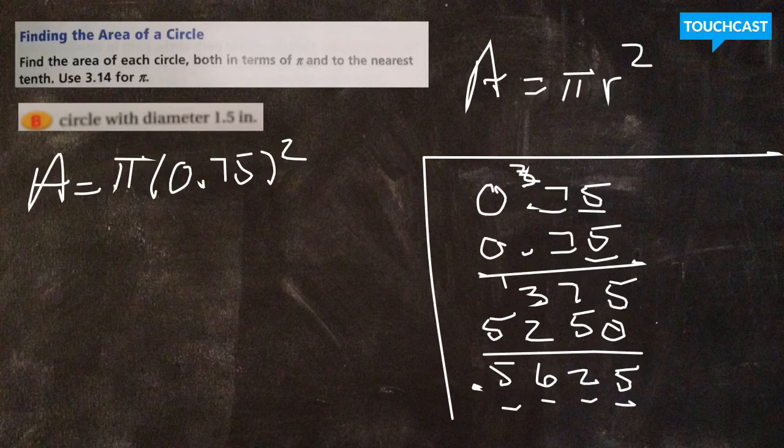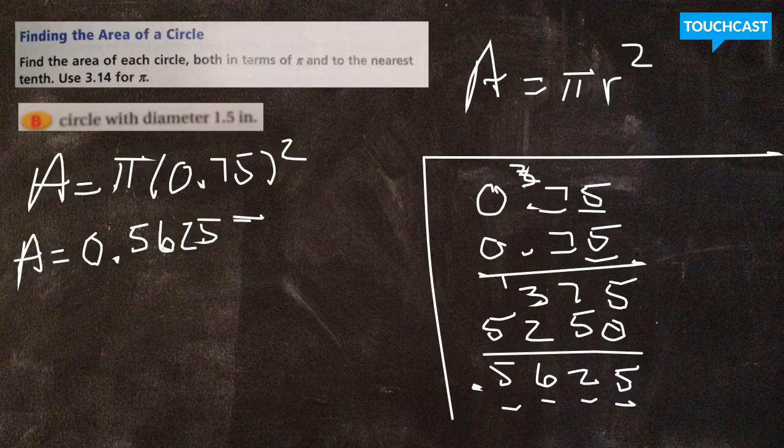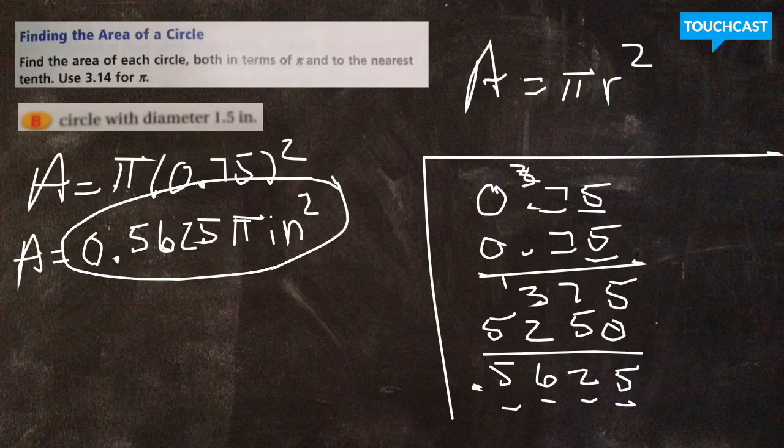So the area is going to be 0.5625 pi inches squared. If we are looking at this in terms of pi, now we need to estimate it.